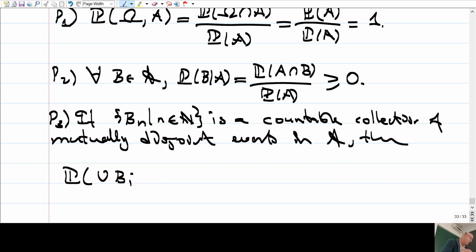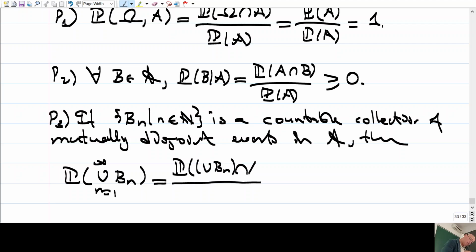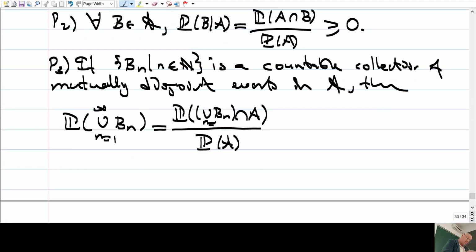The union, sorry, from 1 to infinity. What is this? Well, this is by definition P of the union intersection with A, from 1 to infinity, divided by the probability of A. Well, what is this?